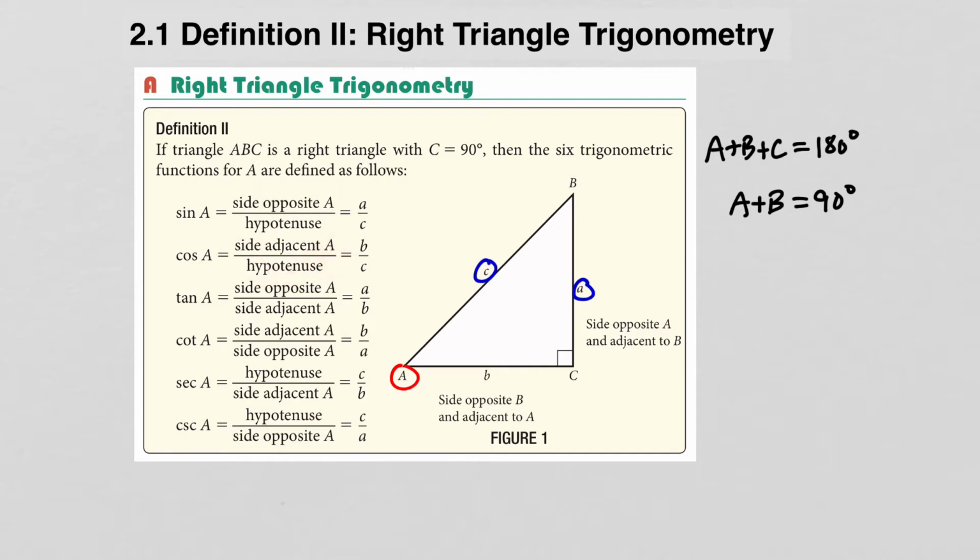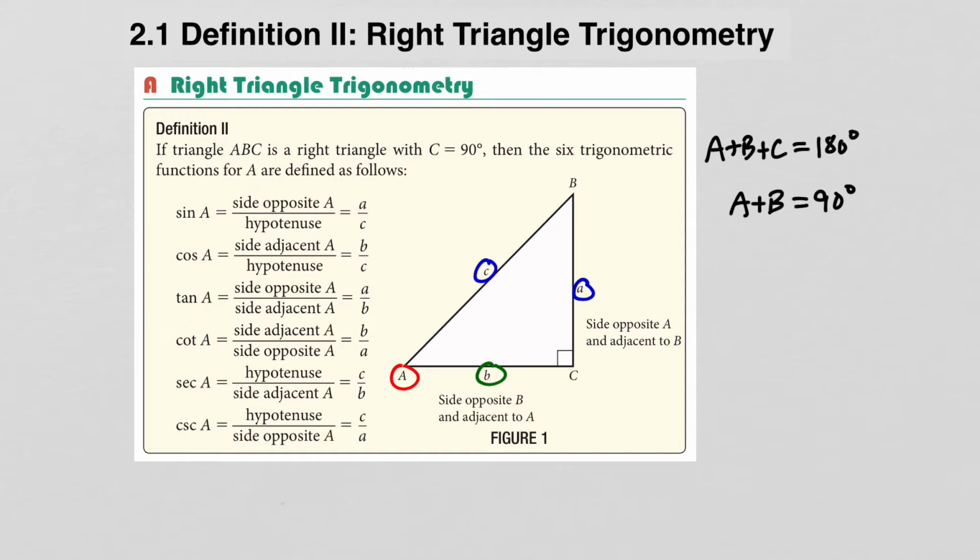The side adjacent to angle A is side B, and so this is B divided by C. And the tangent of angle A is defined to be the side opposite angle A divided by the side adjacent to angle A. In this picture, that is A divided by B.